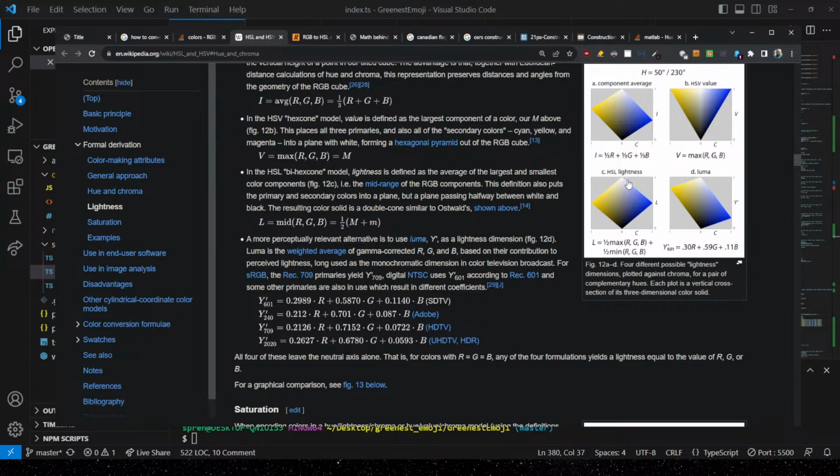This is neat. HSL lightness, and then Luma. I'm probably going to use HSL lightness. Luma is pretty cool. I didn't know about the existence of this. And this is saying that it's closer to perceptual lightness. That's useful for certain applications.